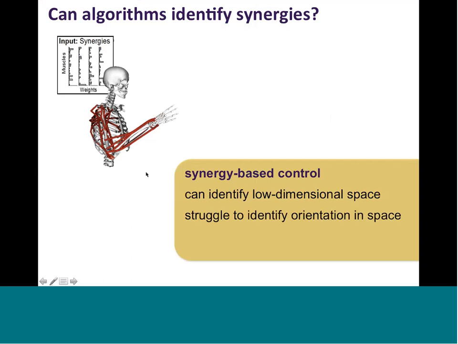We can easily identify for a given individual and in a given task that our complexity of control is low dimensional, but it's very hard to identify which set of muscles are activated together, and the weightings are highly dependent upon the methods and the matrix factorization algorithms that you employ. And that these are really highly tied to that correlation of synergy activations.